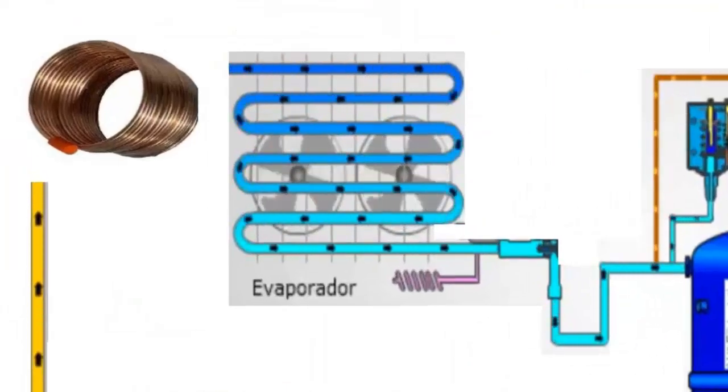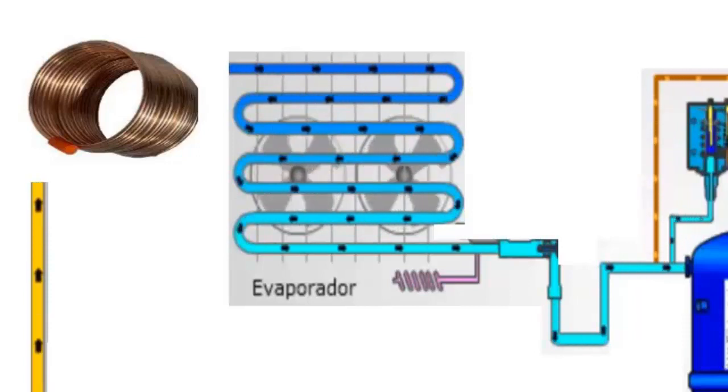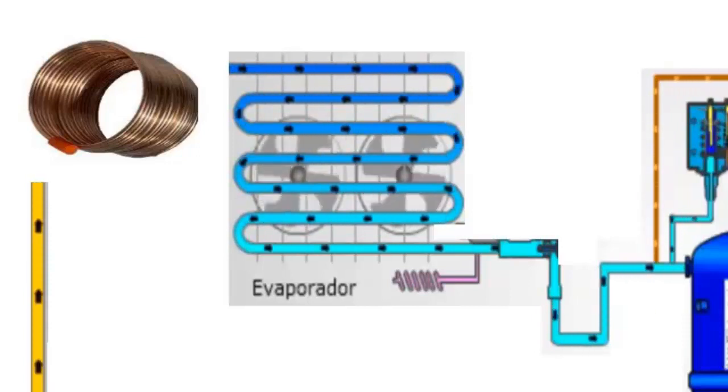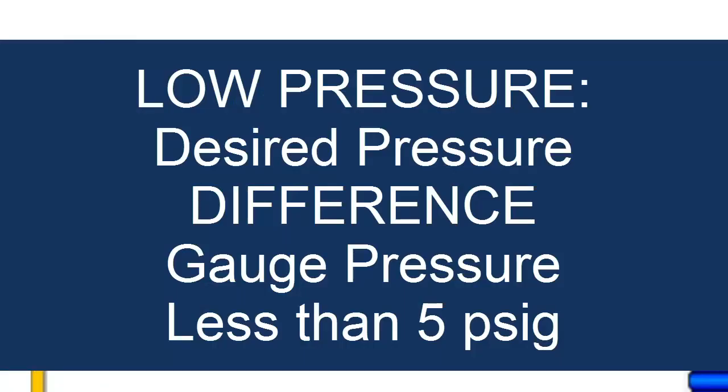When we need to adjust the low pressure, we have to see first the difference that we are going to have with respect to what we need. If the difference that we are seeing in the manometer with respect to what we need is less than 5, whether it is 5 psi above or 5 psi below, but it is less than 5 psi, we will always think about the length of the capillary.